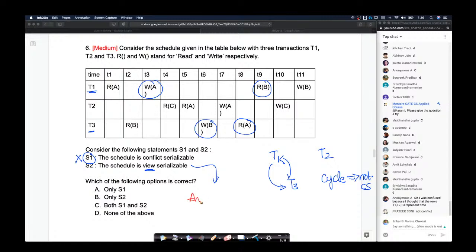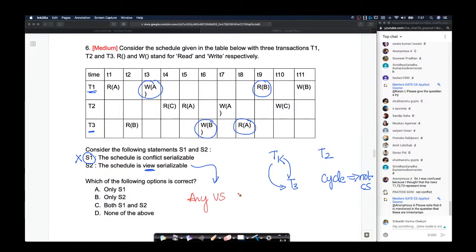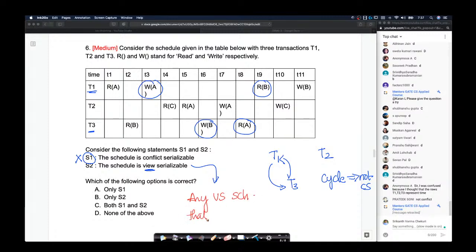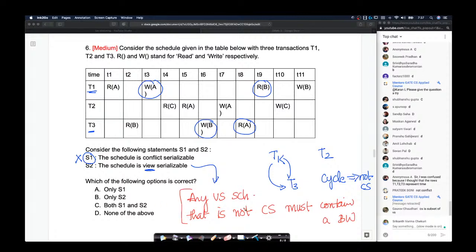So any view serializable schedule that is not conflict serializable must contain a blind write. Okay, this is a very interesting property of view serializability and conflict serializability, right?